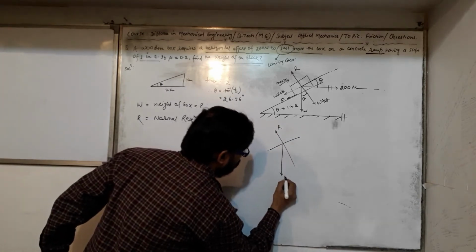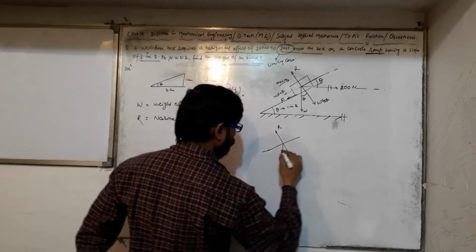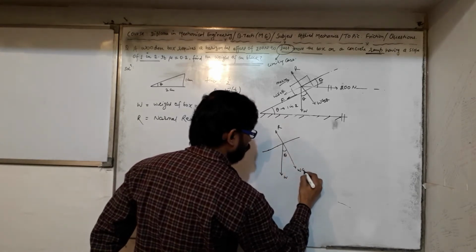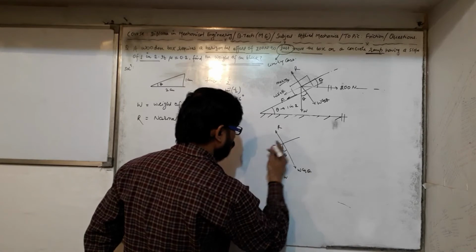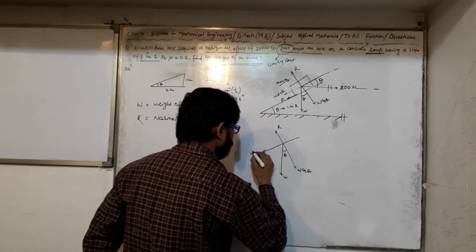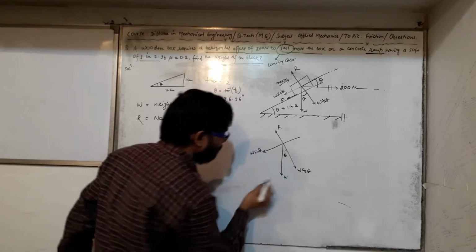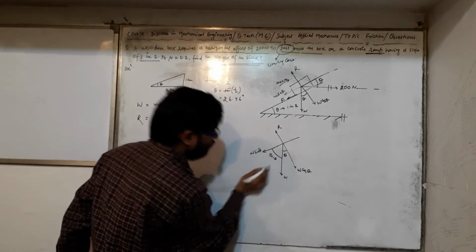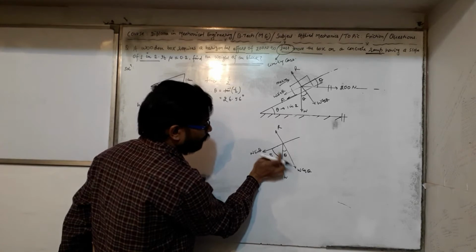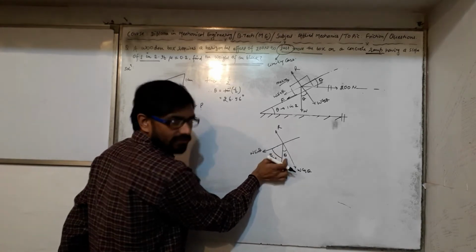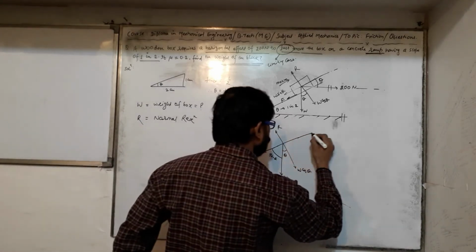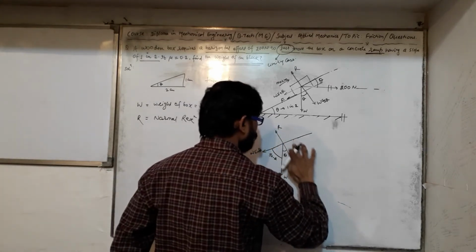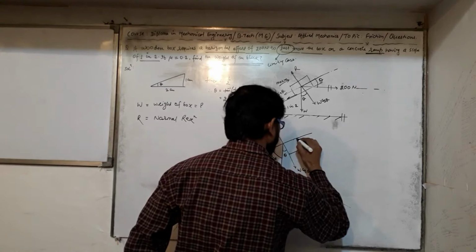Here it is W, and this angle is theta, W cos theta, and this is W sin theta. So this is 90 minus theta, because these two summed give 90 degree. So this would also be 90 degree, and this would also be 90 degree.